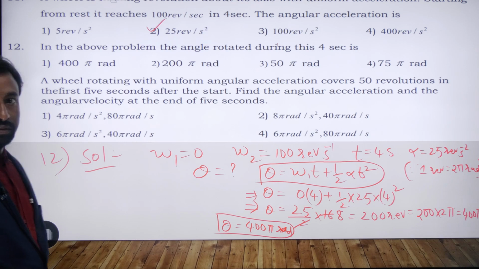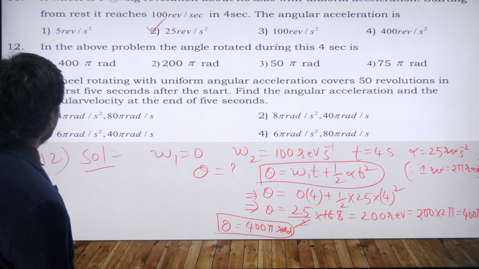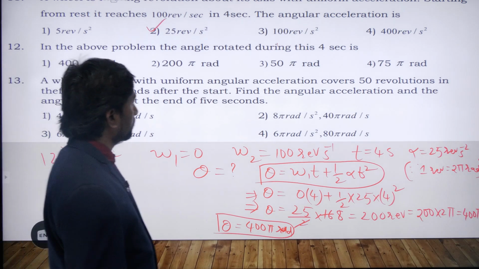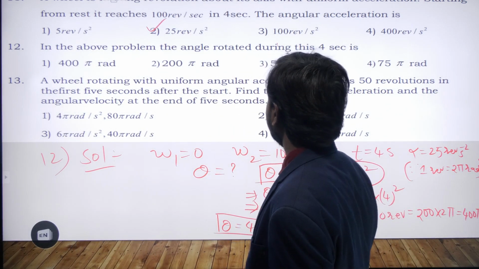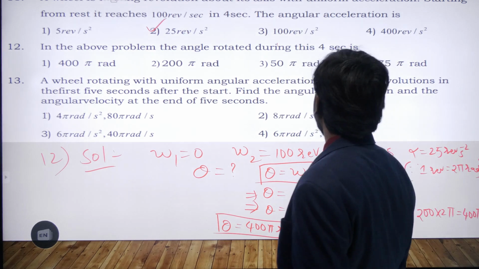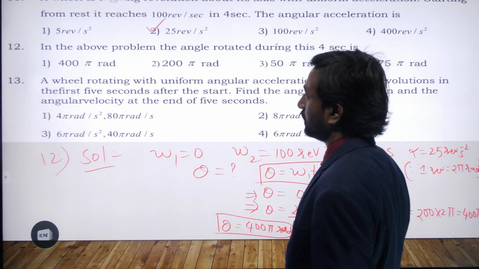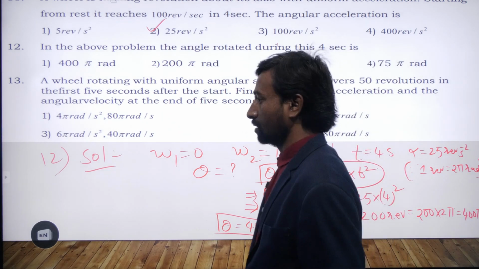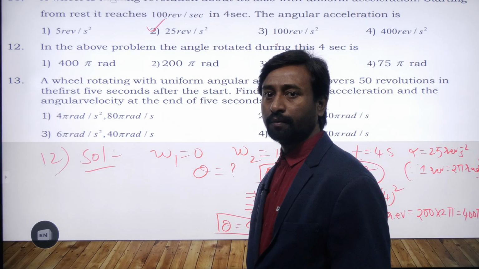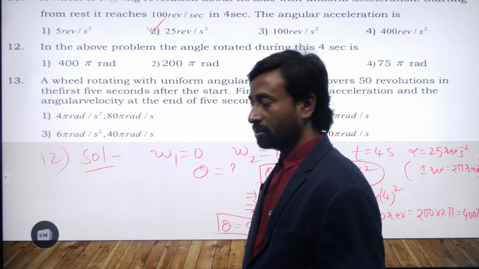So next, the 13th one. A wheel rotating with uniform angular acceleration covers 50 revolutions in the first 5 seconds after the start. After the start means we have to take omega 1 as 0 here.